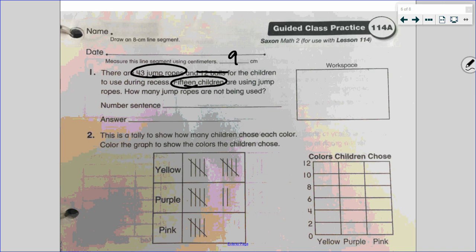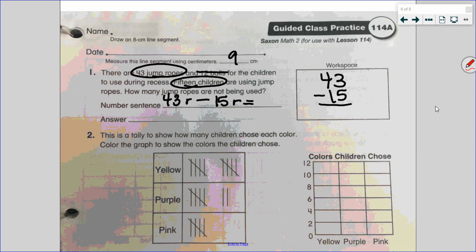So our number sentence would be 43, we'll just put R for ropes, minus 15 ropes equals, well, I'm going to come over here to my workspace because I just like a problem when it's written vertically. I'm going to start in my ones place, and in my ones place I have 3 minus 5.